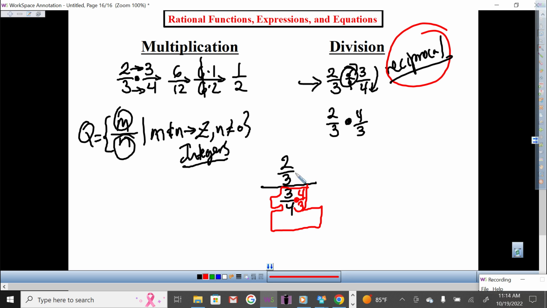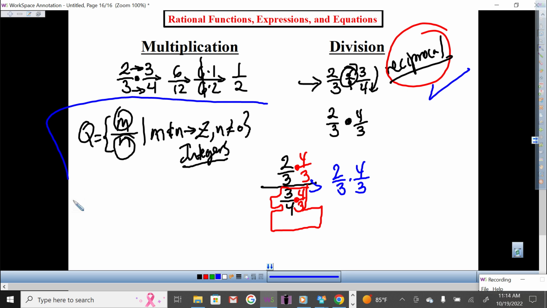And whatever we do to the denominator, we do to the numerator. Therefore, what do we have here? 2/3 times 4/3. And do we need to write the 1 underneath? No, because it's the same thing. That is why we do the reciprocal, because of the definition. We cannot have fractions or decimals in the denominator.